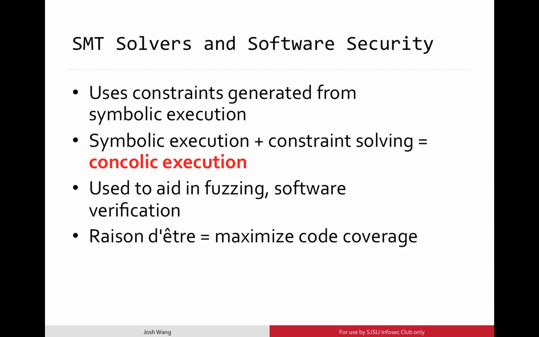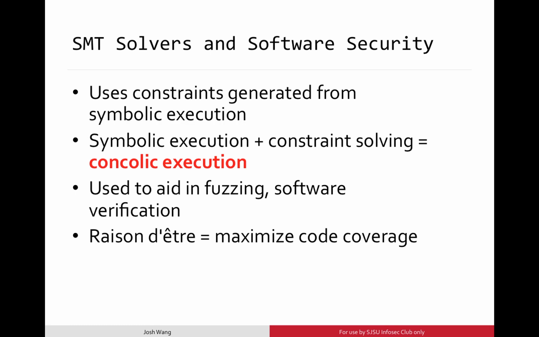You take the constraints generated from symbolic execution and feed them to a constraint solver like Z3, and together the process is called concolic testing or concolic execution, and that can be used to aid in fuzzing or software verification. The raison d'etre, the main purpose, is to maximize code coverage, to follow all the code paths that exist in the program.